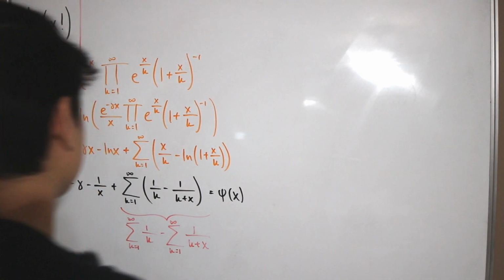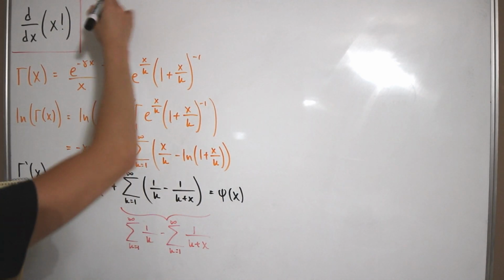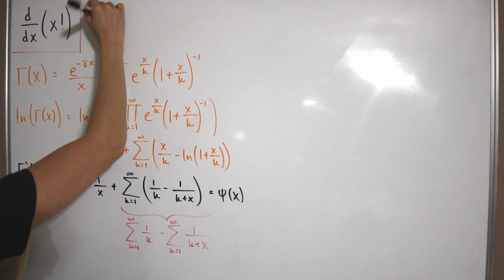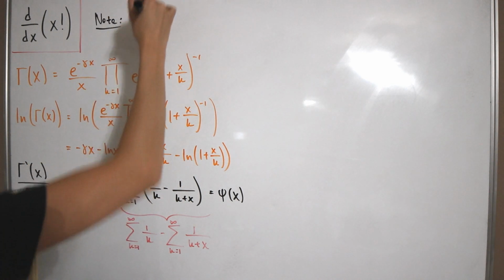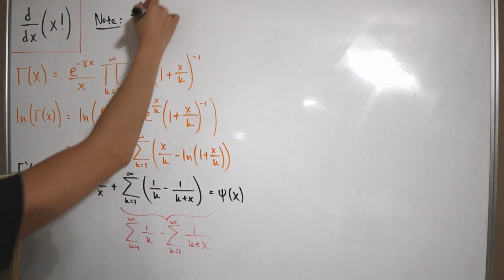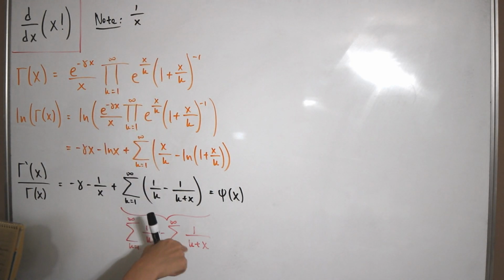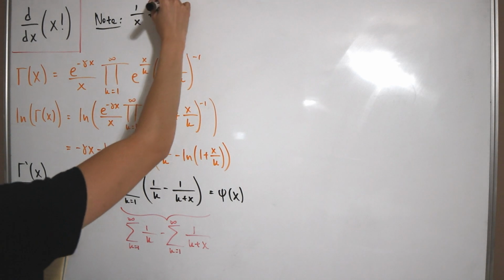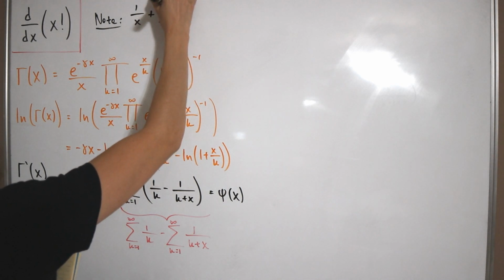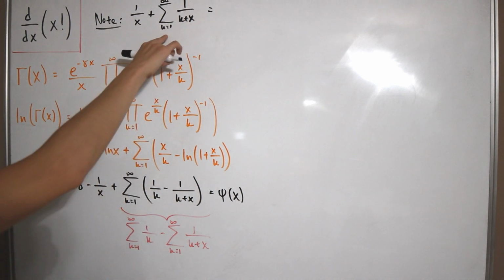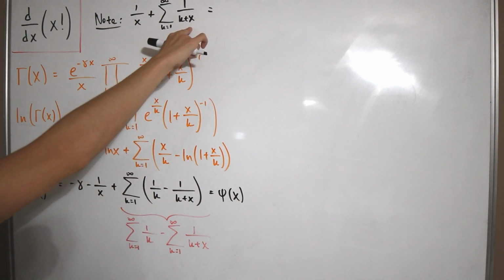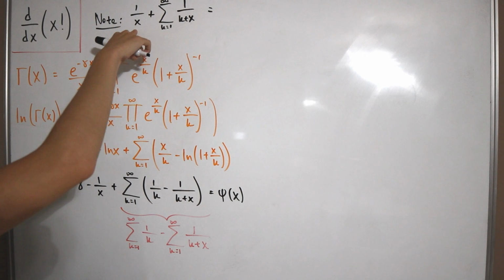This is very noteworthy to see over here. I'm going to put a note here. I have that 1 over x. We're just going to disregard the negatives for now. And then I also have our infinite sum of 1 divided by k plus x. This is going to be a very interesting term that we're going to be using. If I were to evaluate this for k equals 0, that gives us exactly the first term over here.